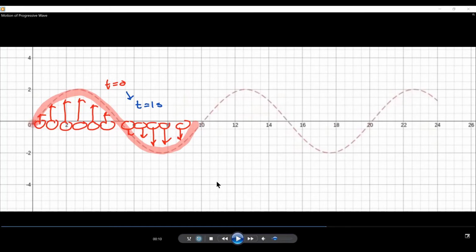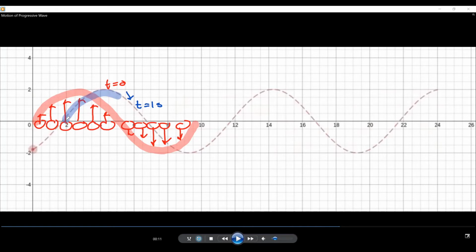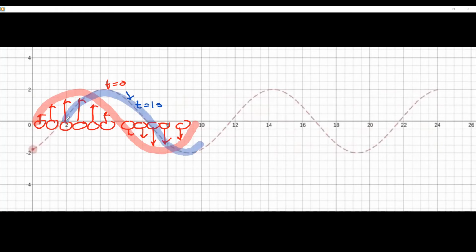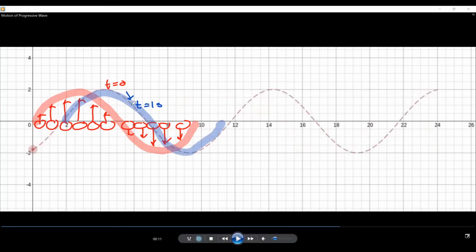When time starts to run, because this is a progressive wave, the wave profile will tend to move from one end to another end. So the red colored section that I highlighted now is the wave profile at t equals 0. If I let time run, the wave profile will become something like this instead, indicated by this blue colored highlighted section that I have.